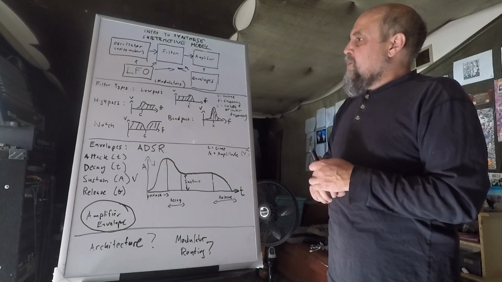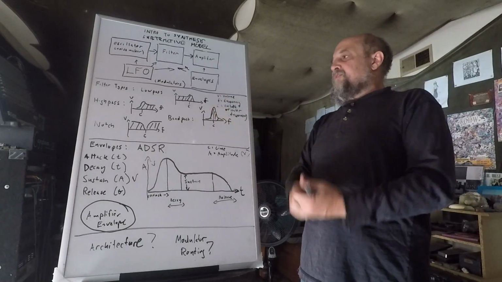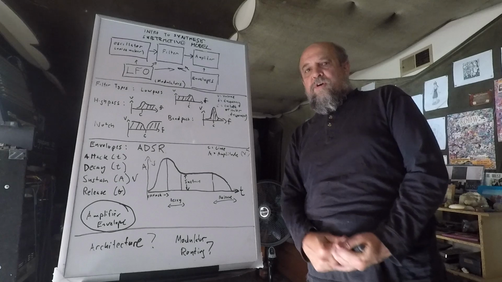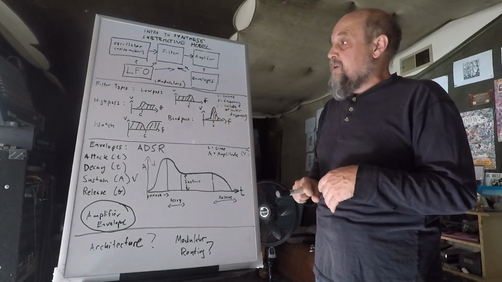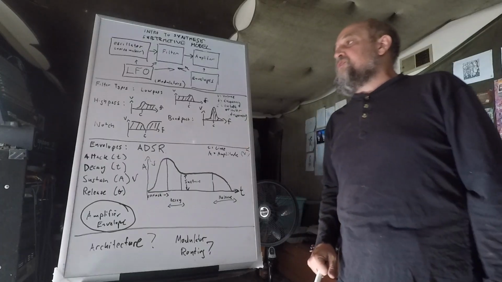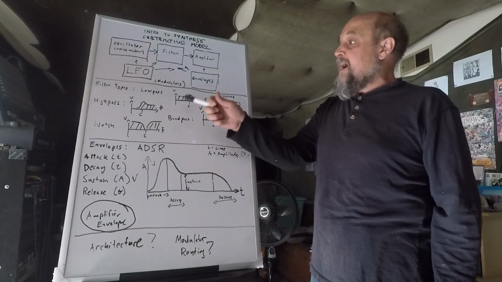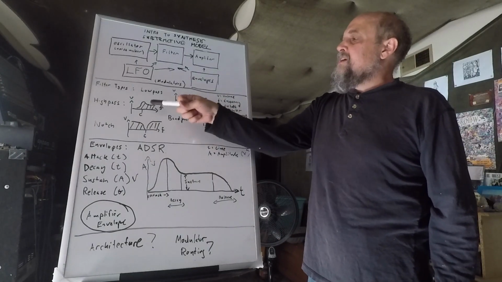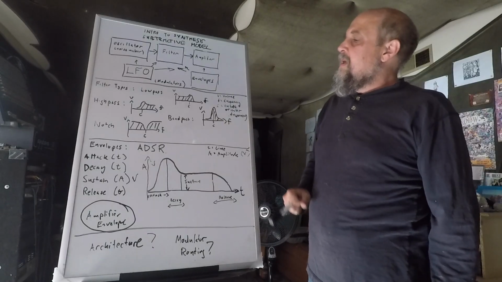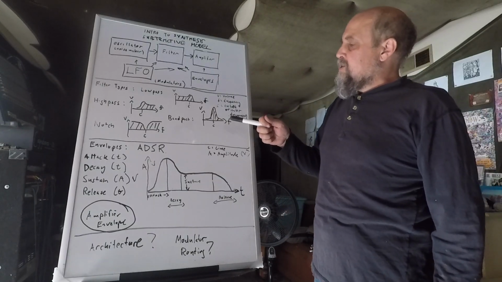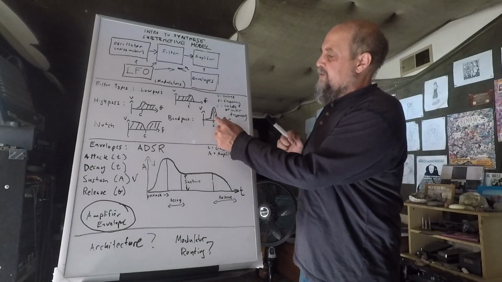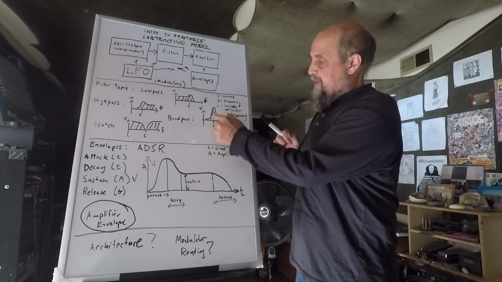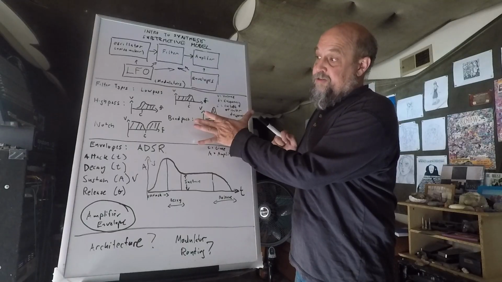What a low pass filter does is it lets all the lower frequency sounds through, but cuts off all the high frequency ones. The high pass filter does exactly the opposite. It lets all the high frequency sounds through and cuts out all the low ones. The band pass filter allows a narrow band of frequencies around the center frequency to pass through, but cuts out everything else.